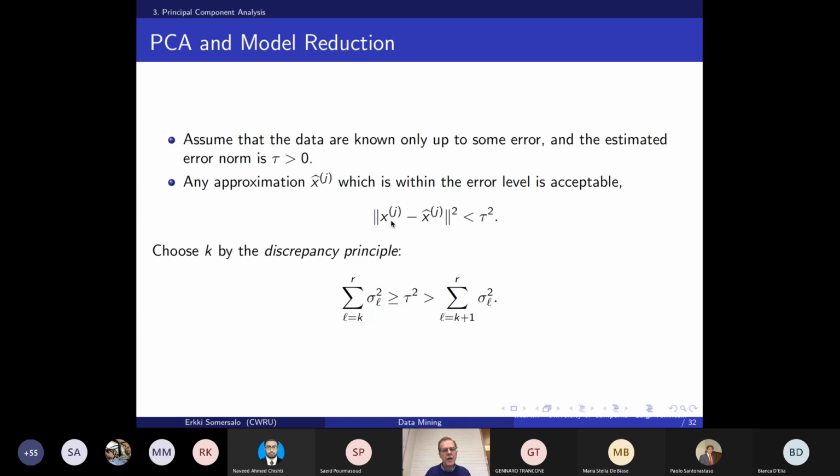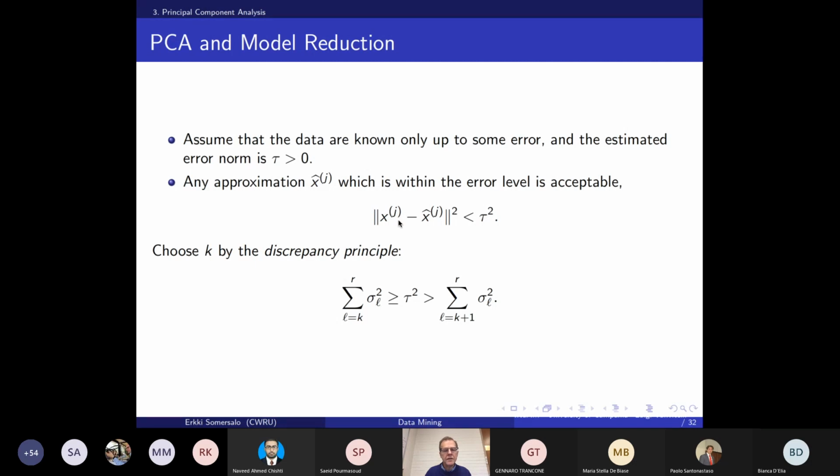So if xj is known up to an error which has norm equal to tau, and I approximate my data vector xj by something which is within that noise level, you can safely say that you are not, let's say, creating a bias in your data, because you can argue that x hat is an equally good approximation of the truth. And so you would like to have an approximation which is closer to xj than the error level.